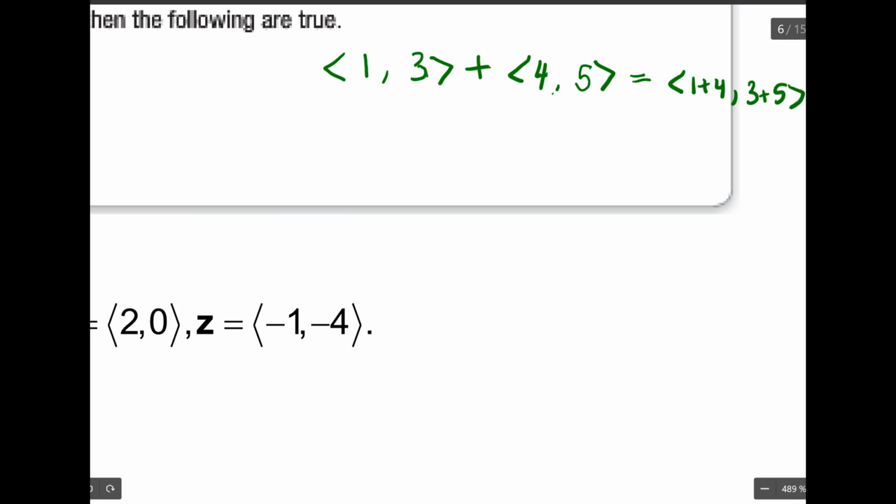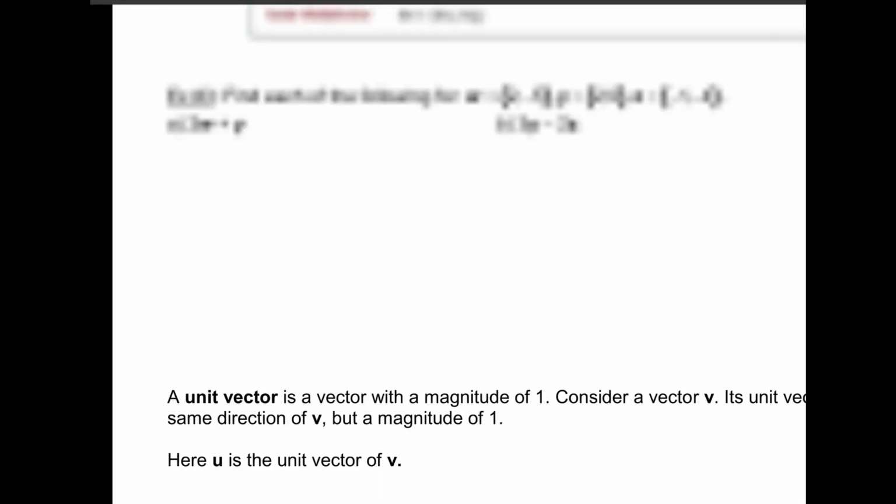You add the first together, you add the second together. That's how it's like matrices, is the way it corresponds. You add, subtract together. If you multiply by a scalar, you just distribute to each of the components. Alright, so let's do an example.